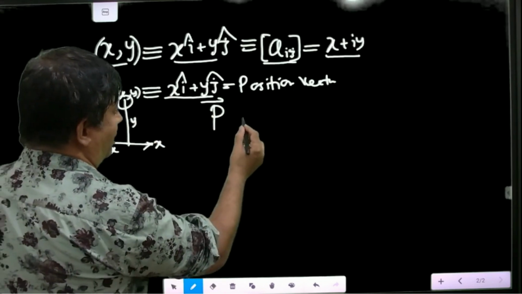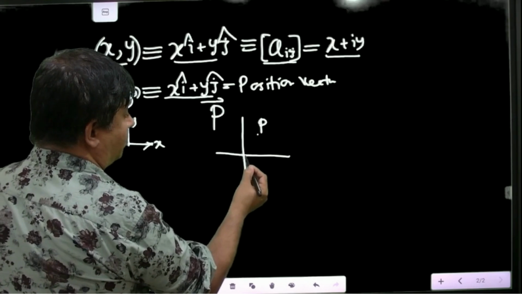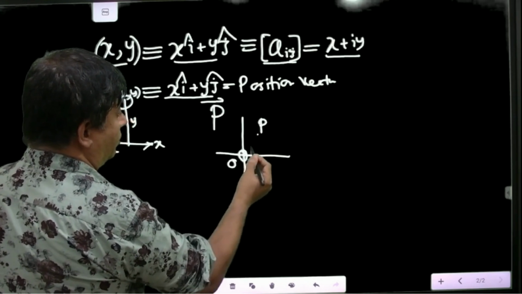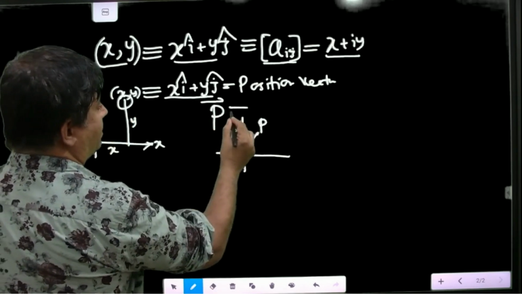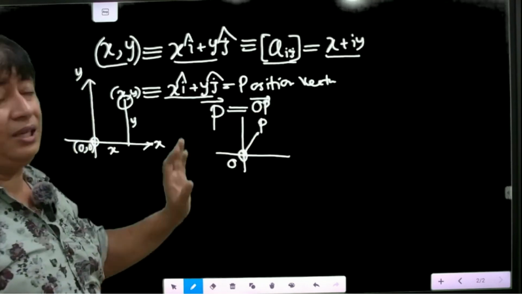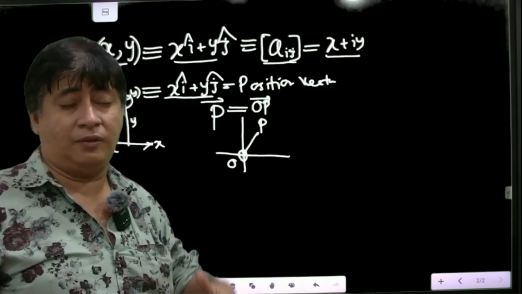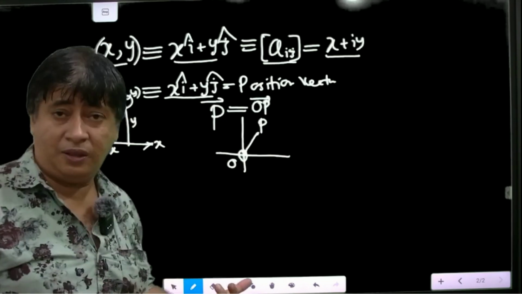P is actually any point in vector space. It is measured with respect to O, so it is OP. It is measured with respect to the origin. So this is called the position vector of P.